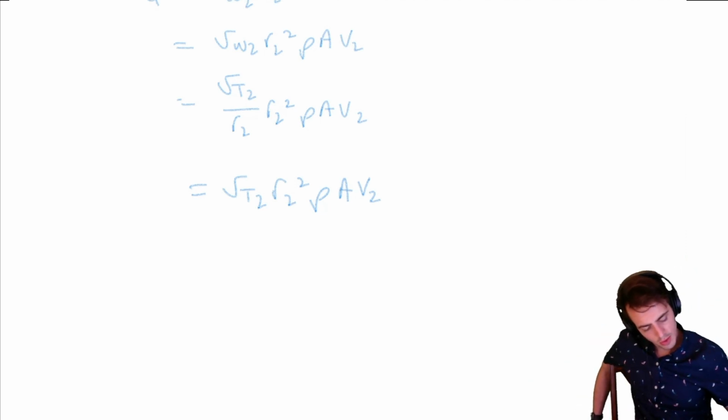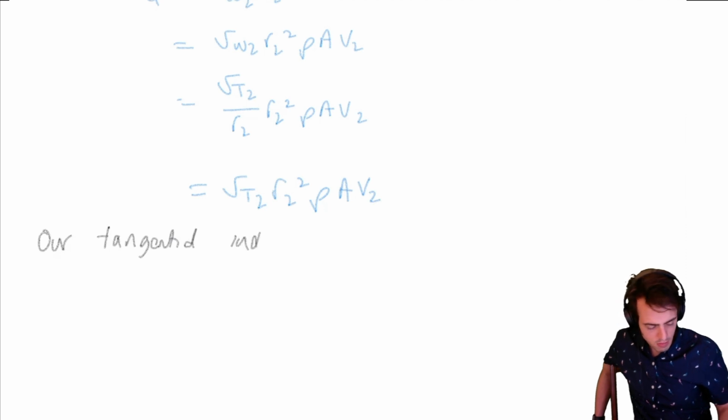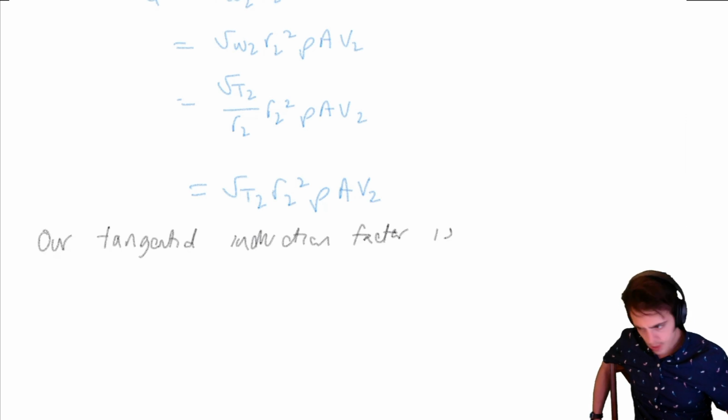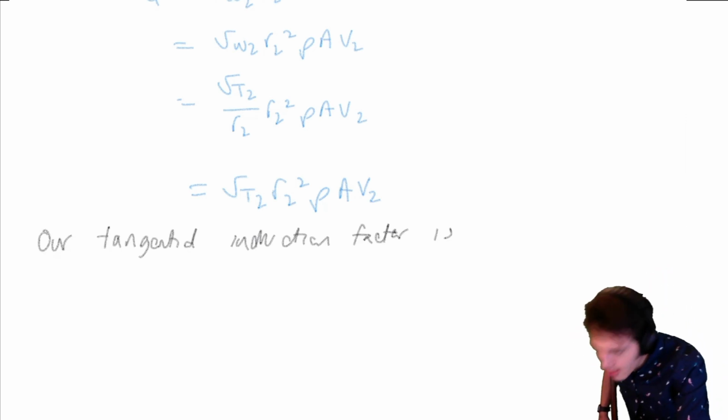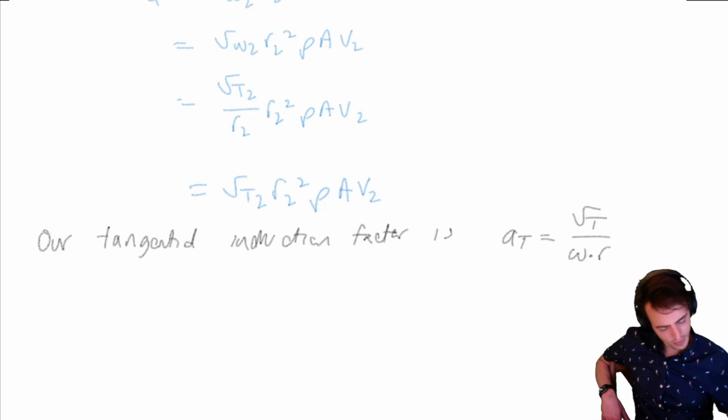We're going to reintroduce our tangential induction factor. So the tangential induction factor a_T is equal to our perturbational tangential velocity added divided by the rotational speed at that point.